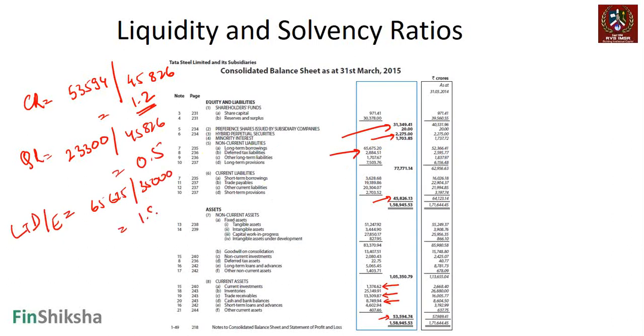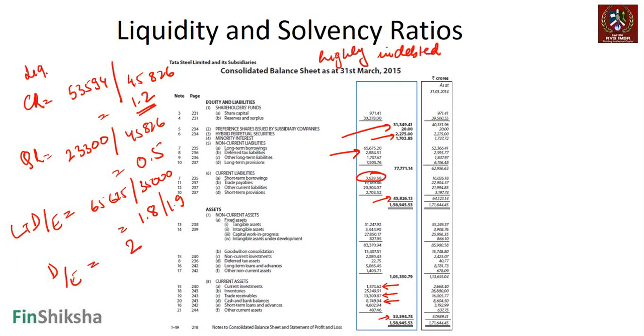Debt to equity is close to 1.8 to 1.9 for long-term debt. And if I take debt to equity, total debt, that includes short-term borrowings as well, that will surely be around 2. Correct? So it seems the firm is highly indebted and solvency is a problem.